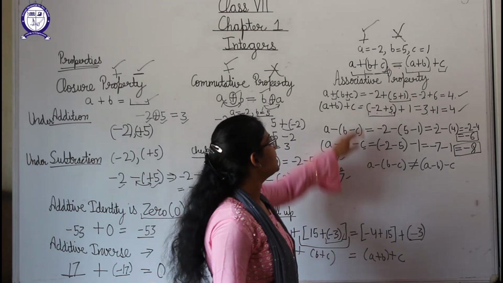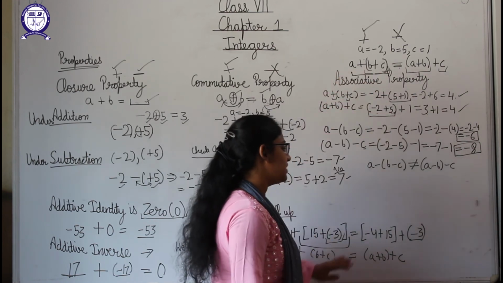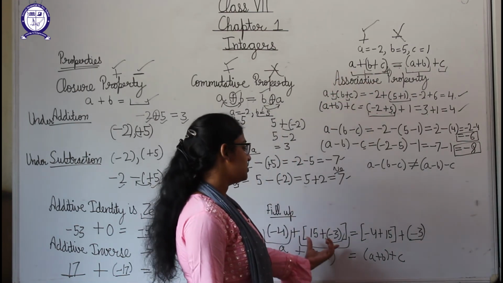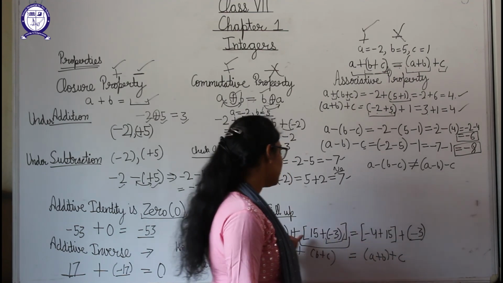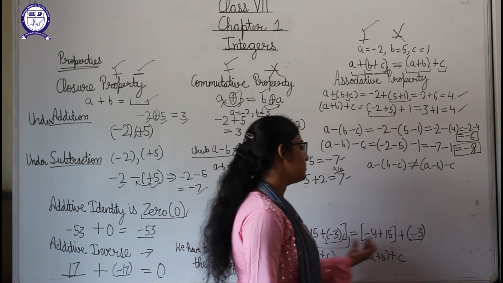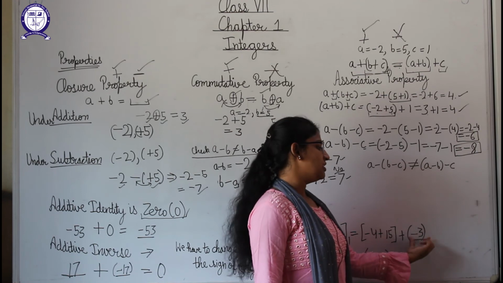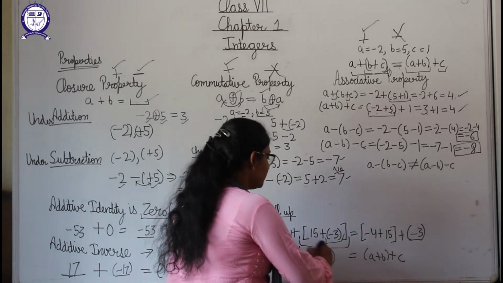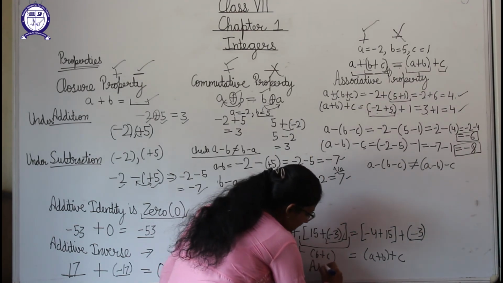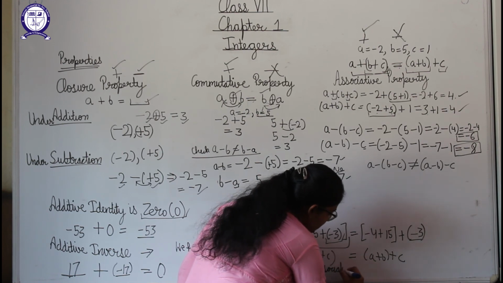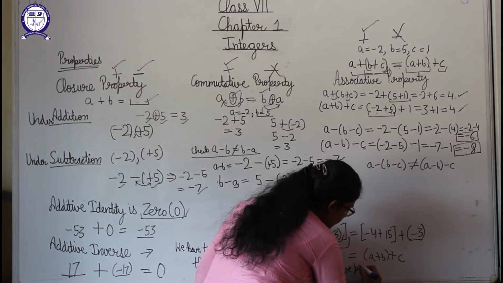So what is this identity? Associative property. So according to the associative property, if these two are combined, this will be left out. So this answer is minus 3. And what is the property used here? Associative property is used here.